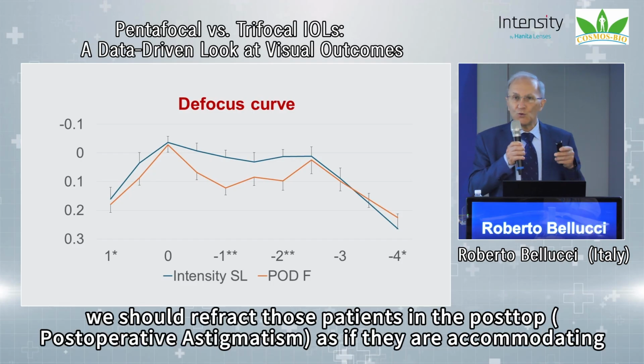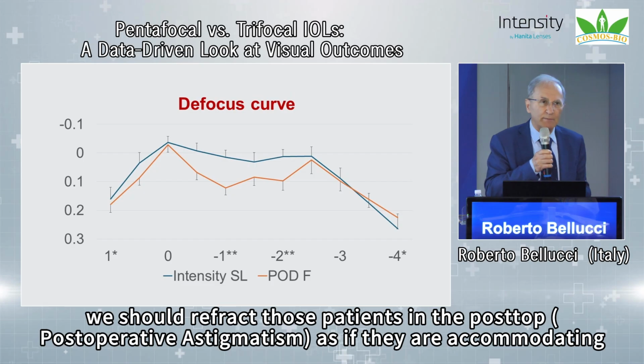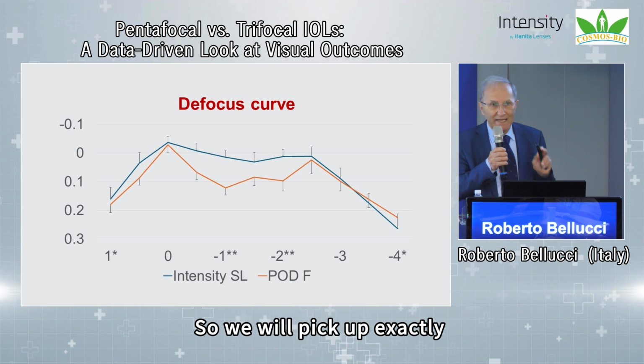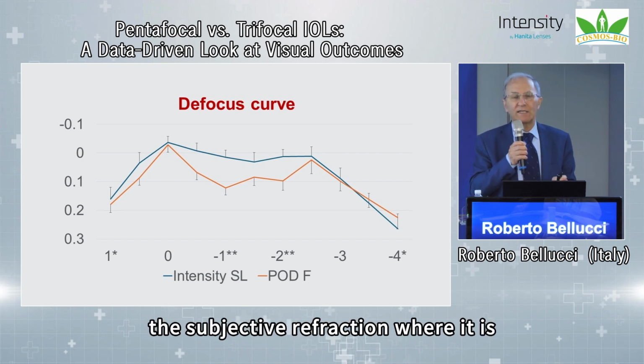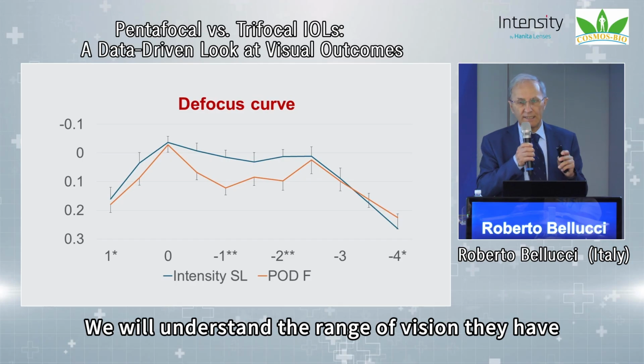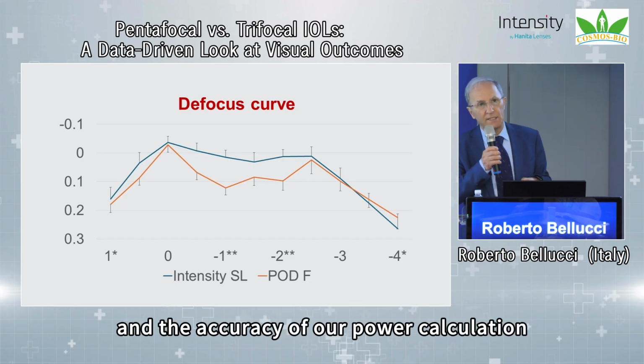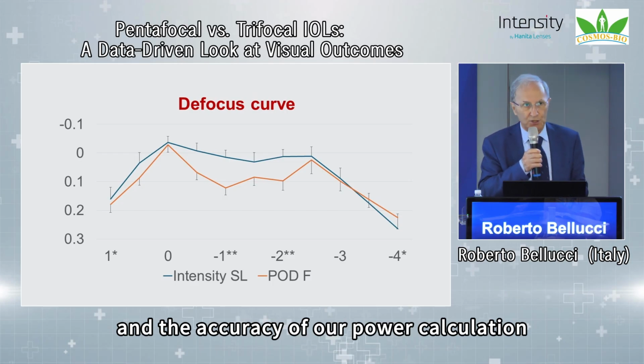So we should refract those patients in the post-op as if they are accommodating. So we will pick up exactly the subjective refraction where it is, and we will understand the range of vision they have and the accuracy of our power calculation.